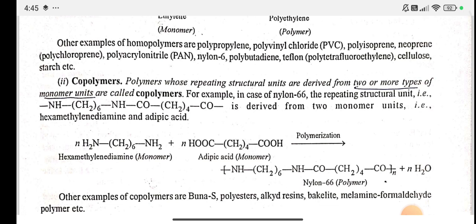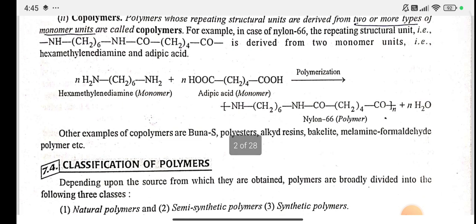Copolymers. Polymers whose repeating structural units are derived from two or more types of monomer units are called copolymers. For example, in case of nylon 66, the repeating structural units NH(CH2)6NH-CO(CH2)4CO are derived from two monomer units, that is hexamethylene diamine and adipic acid.